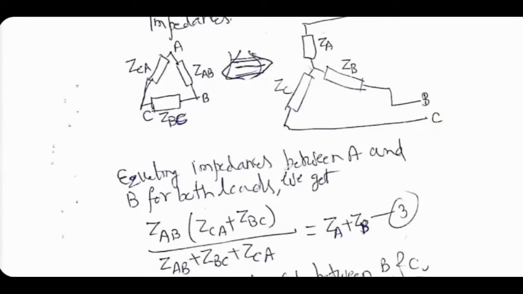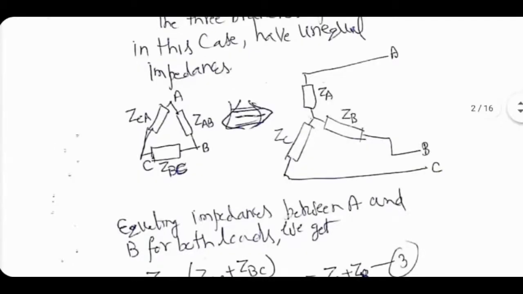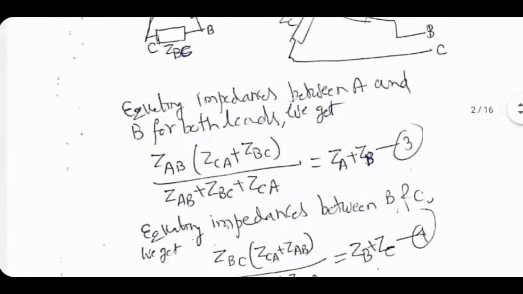So the formula is ZAB multiplied by ZCA plus ZBC divided by ZAB plus ZBC plus ZCA. That is for the delta load. For the Y load between A and B, ZC will not matter because C is open. Between A and B, I have got ZA plus ZB. So I write equation 3.